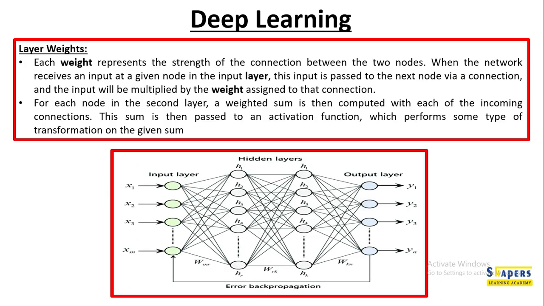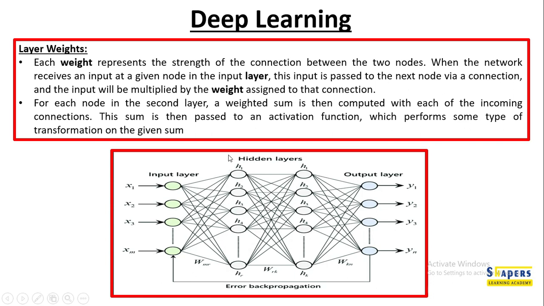Coming back to the previous slides, we have multiple neurons. These neurons receive an input and produce an output. The activation function determines which neuron has to be fired or not fired. When I say fired, it means producing the output to the next neuron.